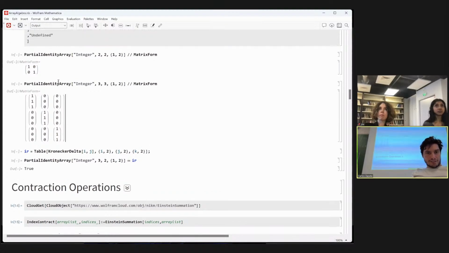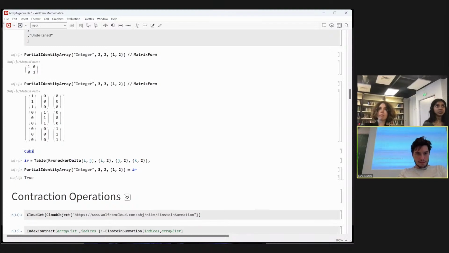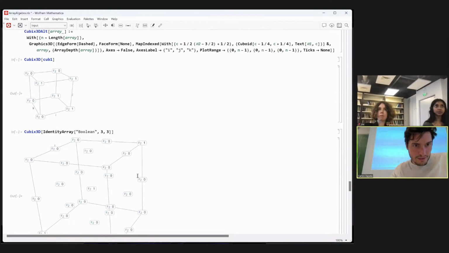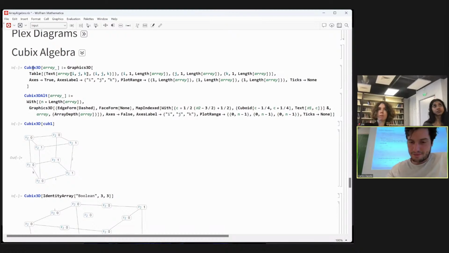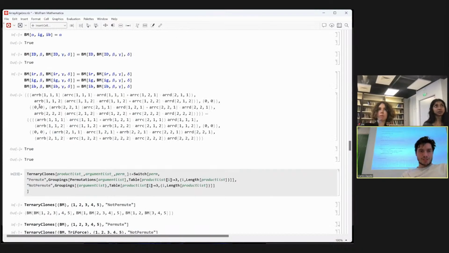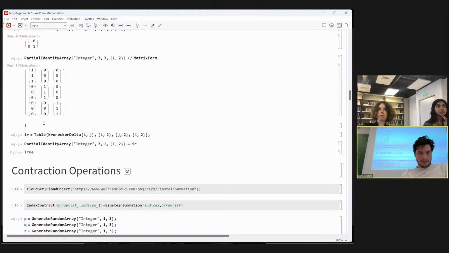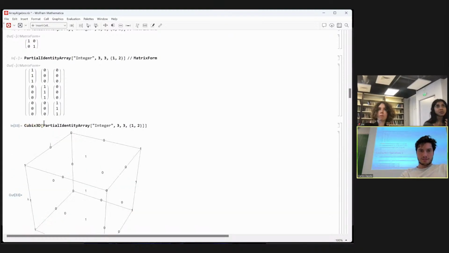And so if I take this and I say, I think it's 3D. I didn't run this, sorry. So you would see that the analog of this is cubics 3D of this.